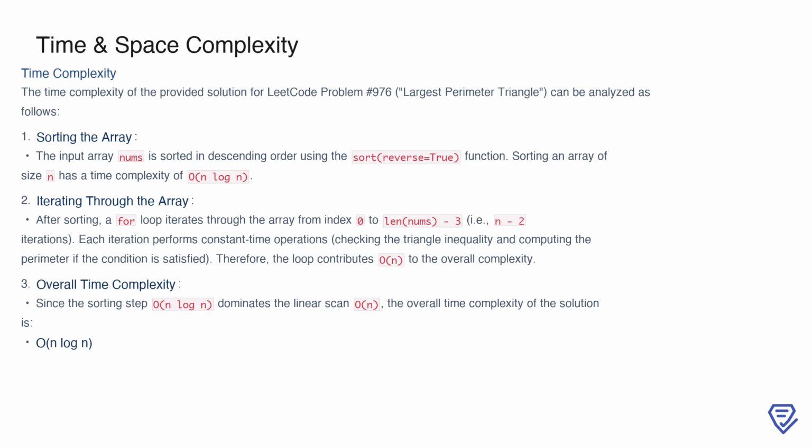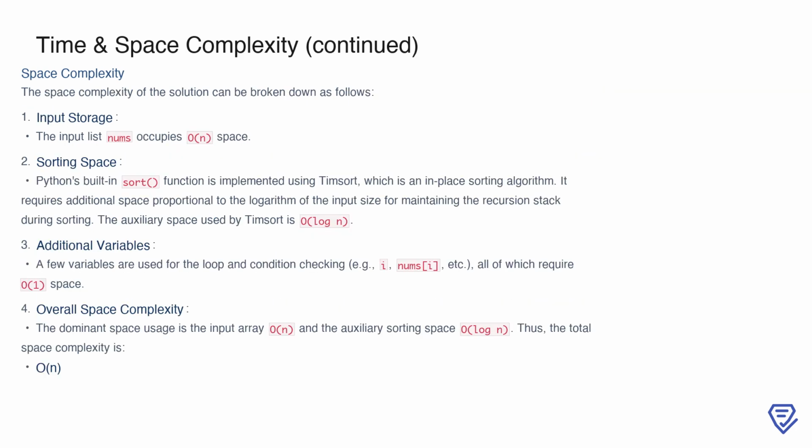Now, let's examine the space complexity of the solution. The input array nums itself requires O(n) space, as it holds all the elements of the input. For sorting, Python's timsort algorithm is used. While timsort modifies the input array directly, it does require a small amount of additional space, specifically O(log n), for maintaining the recursion stack during the sorting process.